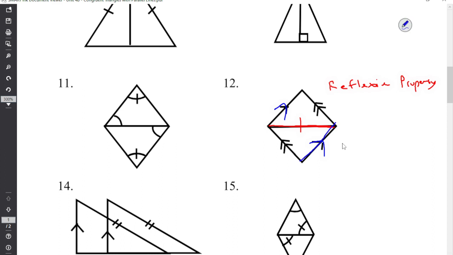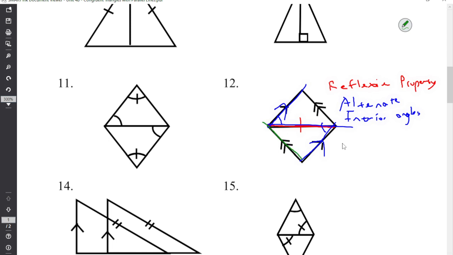Then here are my parallel lines. And then I've got a transversal that slices through those parallel lines, which gives me those 2 angles right there, which are alternate interior angles.